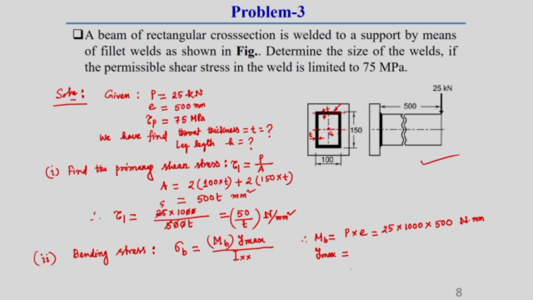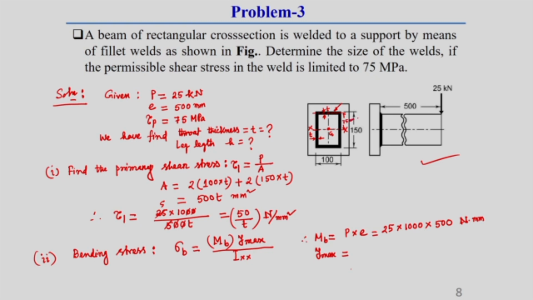So the farthest weld from this capital XX axis will be either of the horizontal welds. The distance between the XX axis and the horizontal weld is how much here? It is 75 mm.